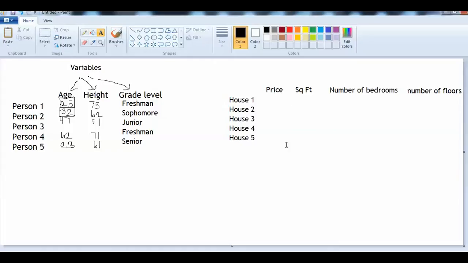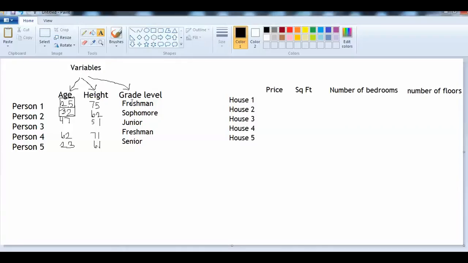The 20 pieces of information that are in here would be the 20 data values. So, once again, we have columns for variables, rows for participants or observational units, and cells or boxes for data values.